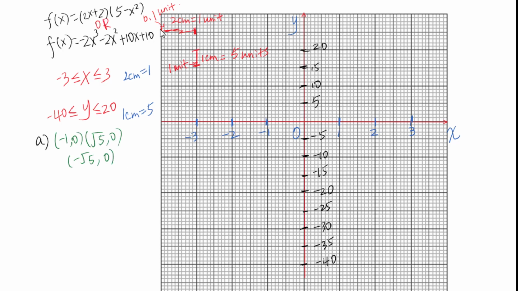After you finish setting up this coordinate plane, you can put the function into the graphing calculator. You can use this original function, or you can use the expanded expression. From A, we already figured out 3 roots: -1, 0, square root of 5, 0, and negative square root of 5, 0. We can figure out the y-intercept, minimum and maximum points from a graphing calculator.